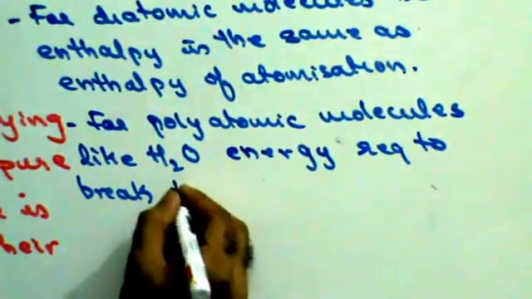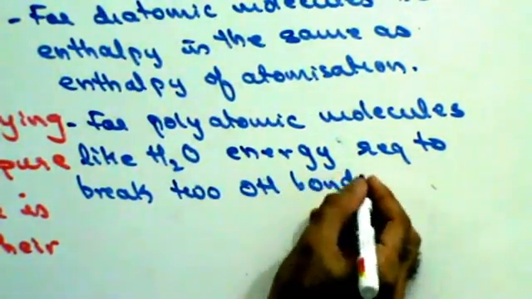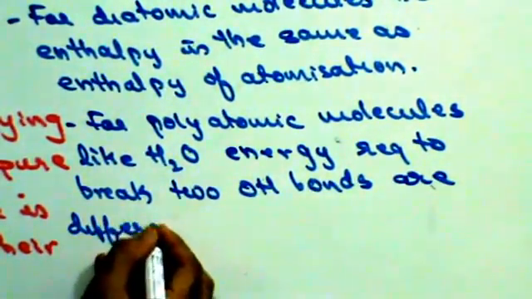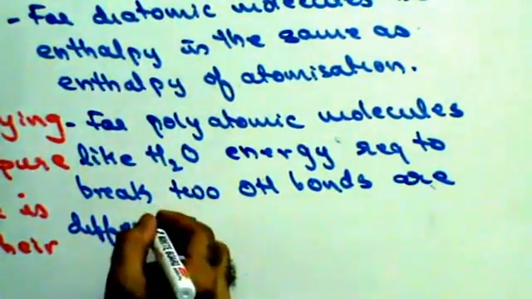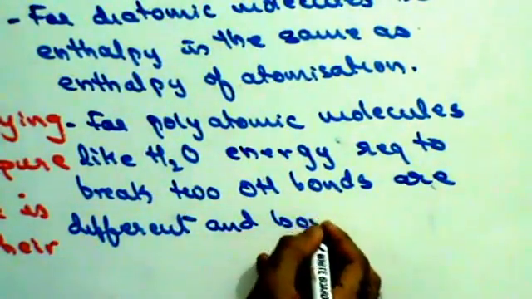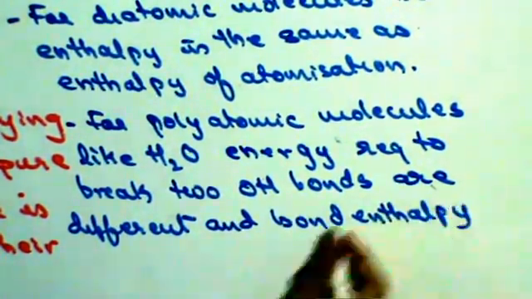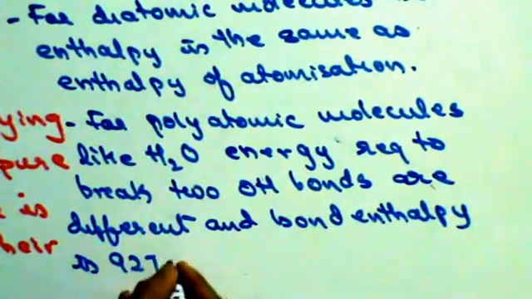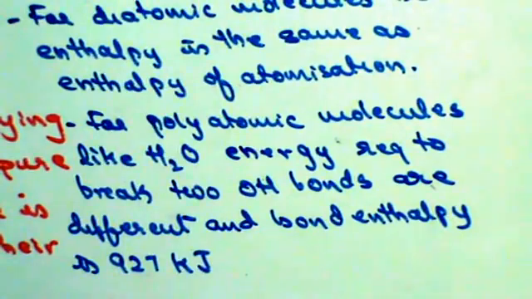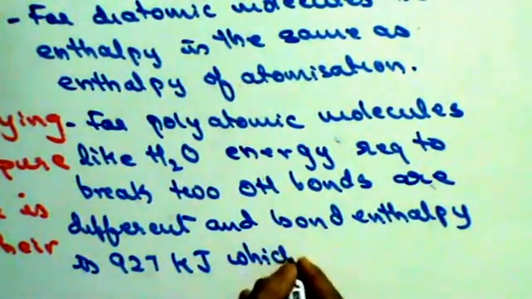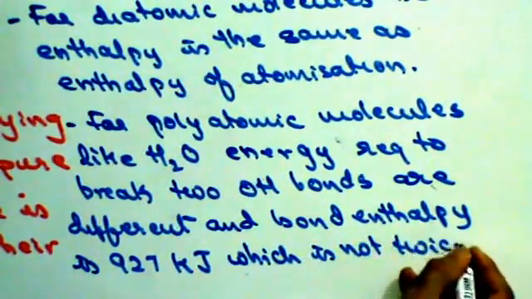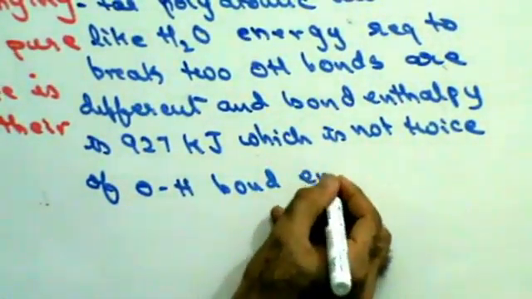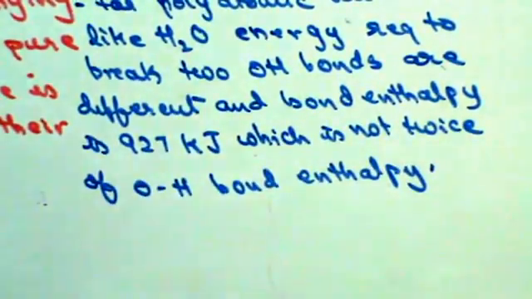The energy required to break the 2 OH bonds is different, and the bond enthalpy in the case of water is, say, 927 kilojoules, some bond enthalpy it has, which is not twice the OH bond enthalpy. Fine, do we get this thing here?